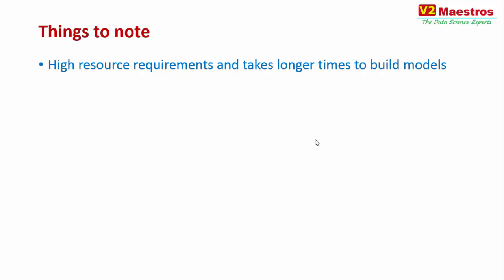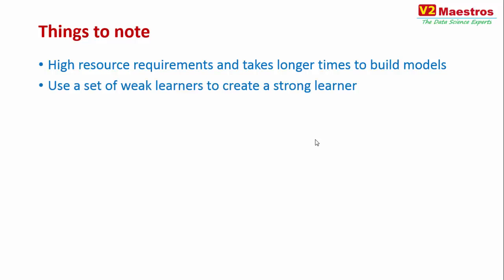Things to note are that they have high resource requirements, similar to bagging, because they take longer to build models, since you're building multiple models. The good thing about it is you can use a set of weak learners. Weak learners are nothing but weak predictors. Suppose you do your original correlation analysis and you find that the correlation is weak for all the predictors.